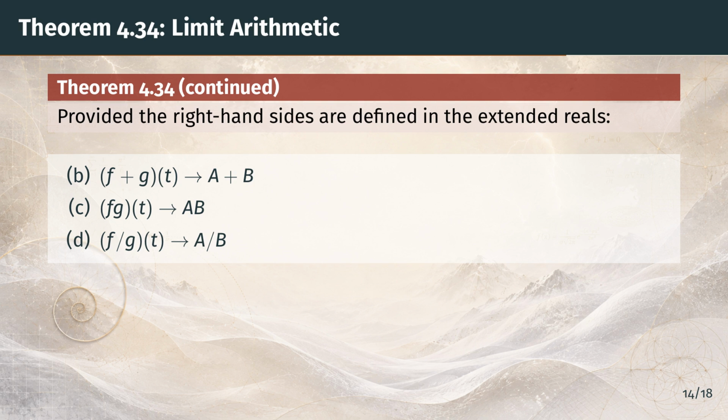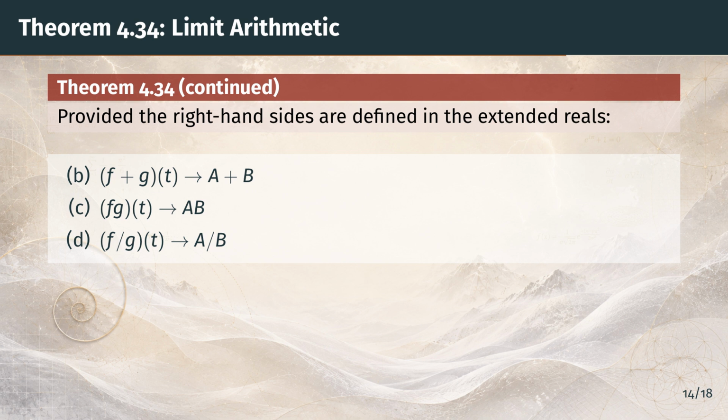Parts B, C, and D extend the usual algebra of limits to the extended reals. The limit of a sum is the sum of the limits, A plus B. The limit of a product is the product, A times B. And the limit of a quotient is the quotient, A over B. These look identical to the ordinary rules, and that is the point.